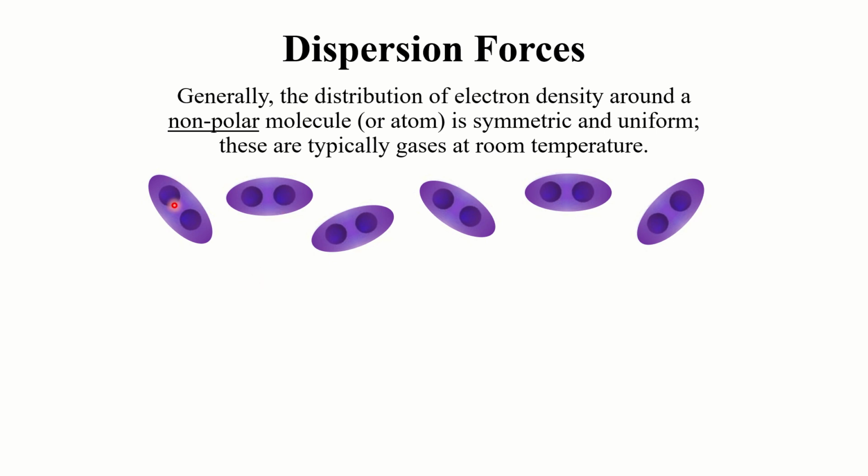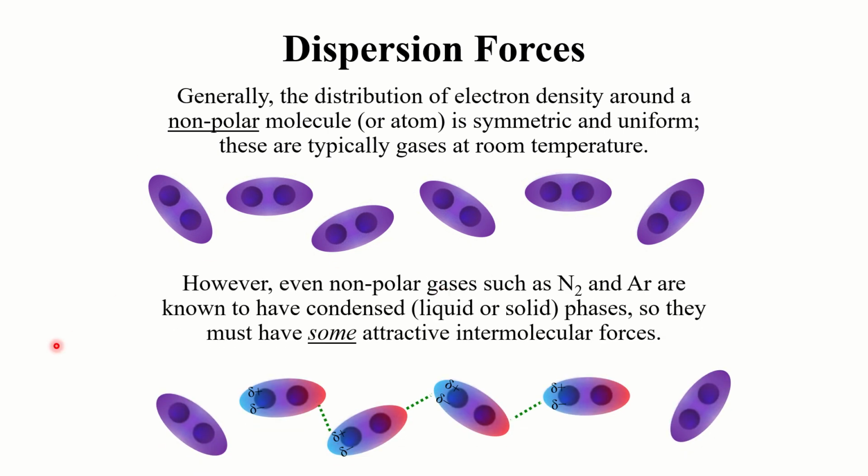So we have a nice even distribution of electrons all across the entire molecule, meaning it's non-polar. However, even non-polar gases such as nitrogen gas, N2, and argon are known to have some type of condensed, either liquid or solid phase. So there must be some sort of attractive intermolecular force that can bring them together.